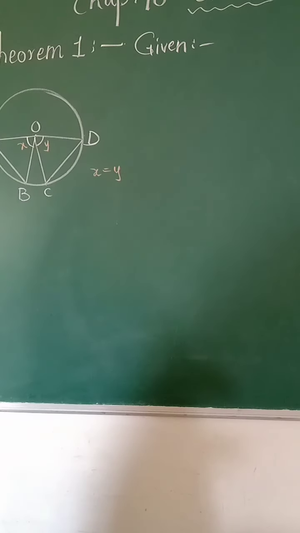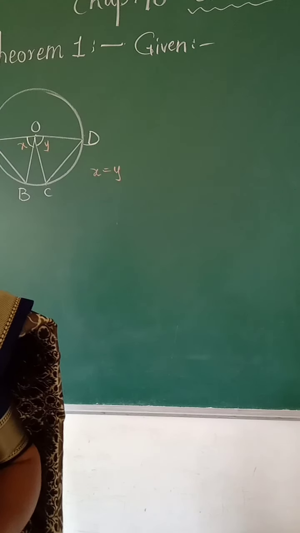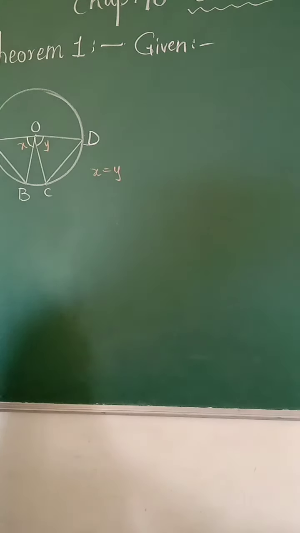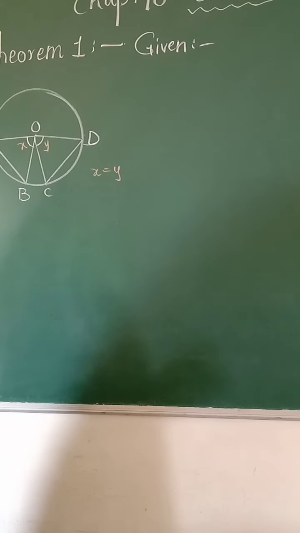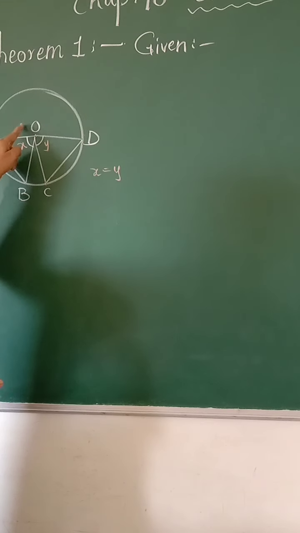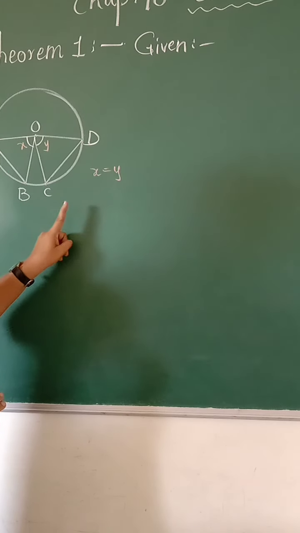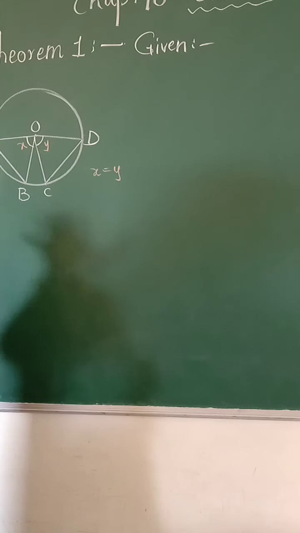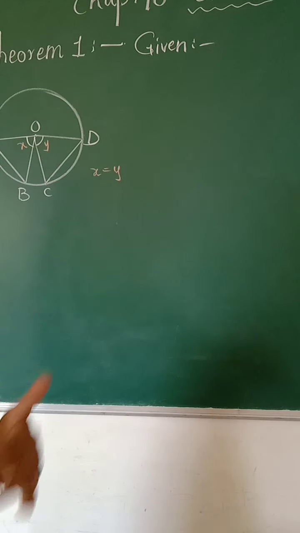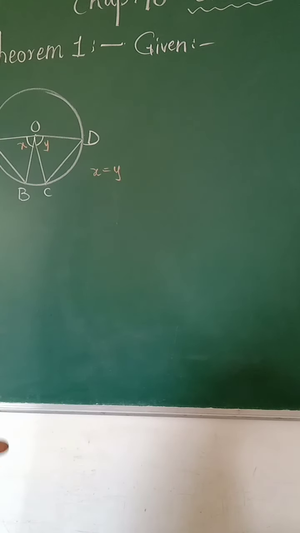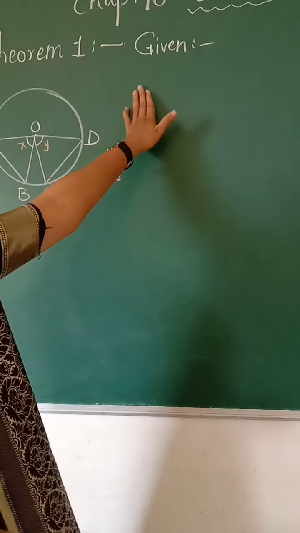Now, what is given? The theorem is: equal chords subtend equal angles at the center. That means in a circle with center O, there are two chords AB and CD of equal length. This information is given. That means in the statement of a theorem, the information after 'if' and before 'then' will come in the given.